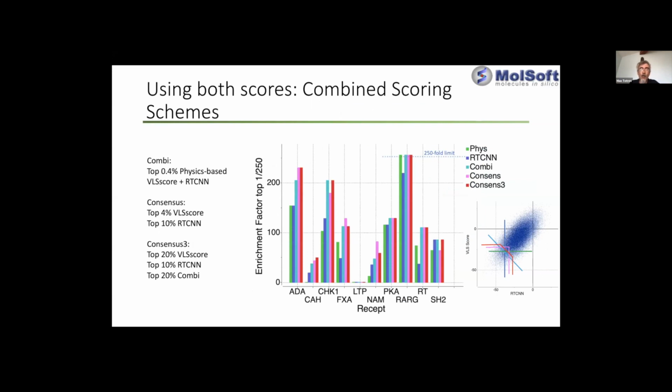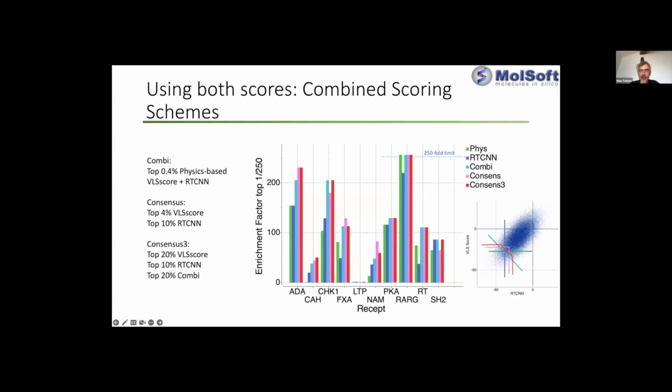Here's how the second score helps when you combine it with a physical score. A few different schemes were explored: just combining as a sum, consensus, so cutting on both scores, and then cutting in this more complex pattern to keep the most interesting part of the distribution.